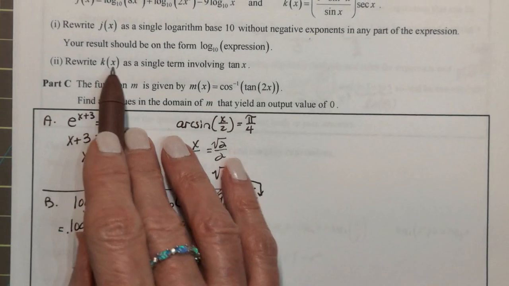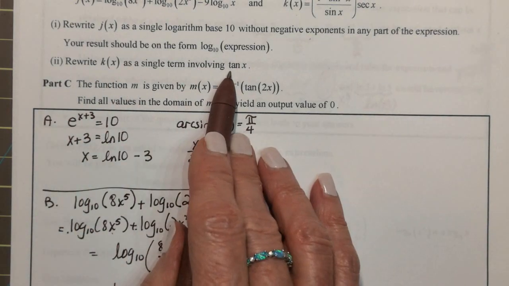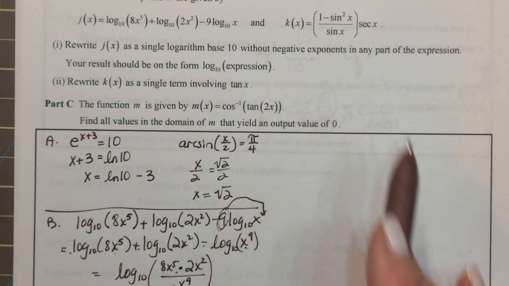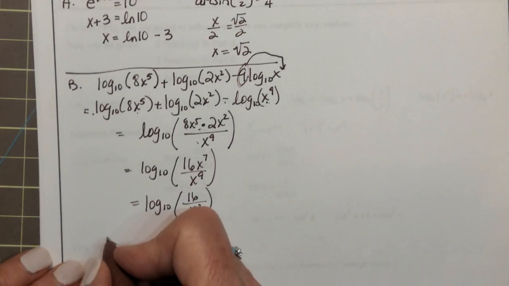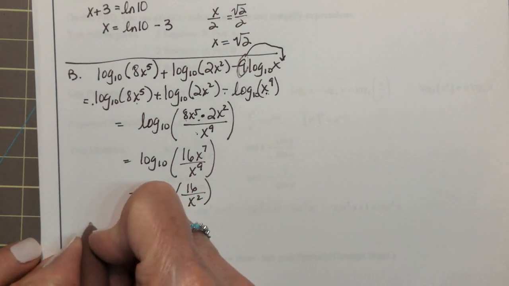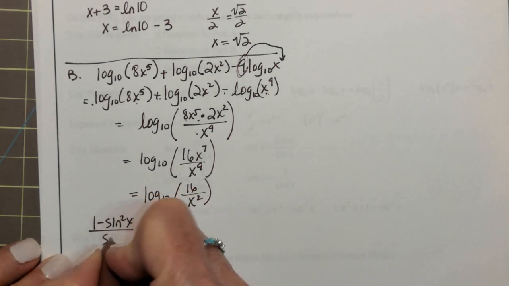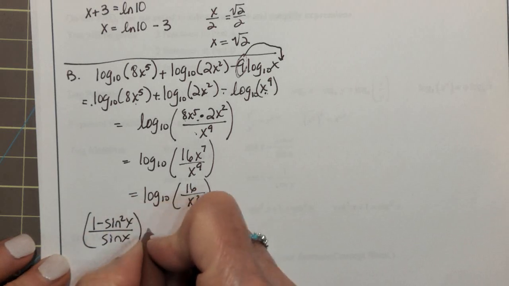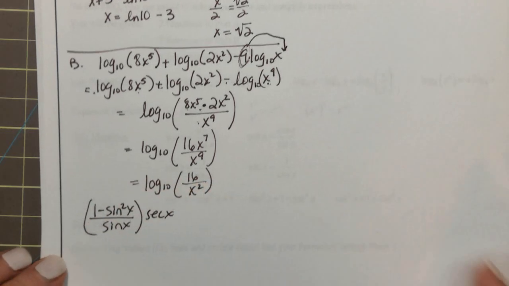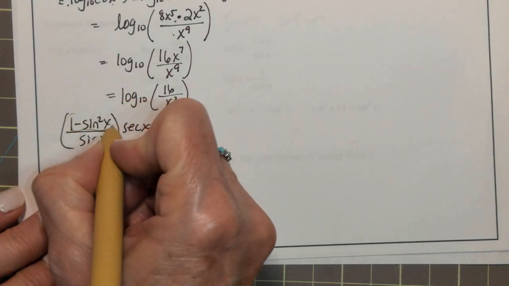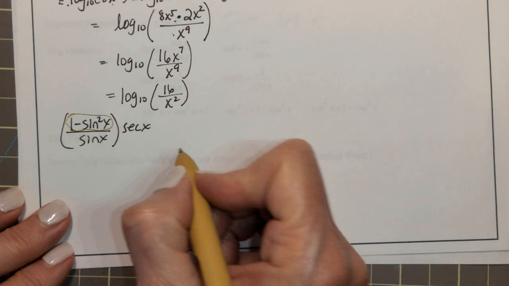Write k as a single term involving tangent x. So here's k. Once again, I see in the numerator a form of that Pythagorean identity.